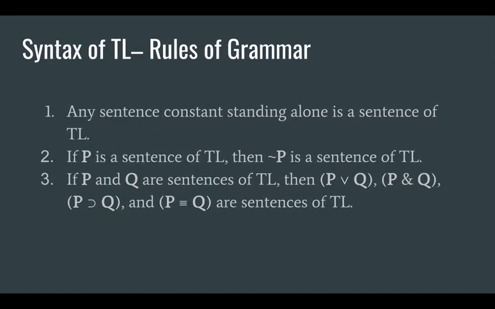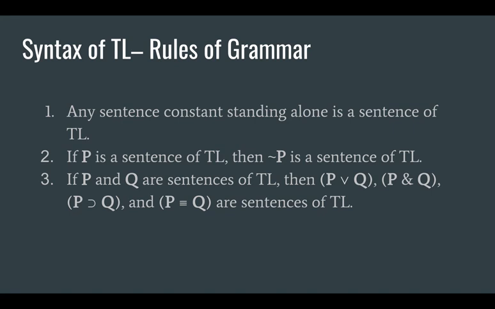Okay, here are the rules of grammar. Any sentence constant alone, that's a well-formed formula. If we have a well-formed formula already, and then on top of that we negate it, we slap a tilde on there, that is also a well-formed formula of TL.